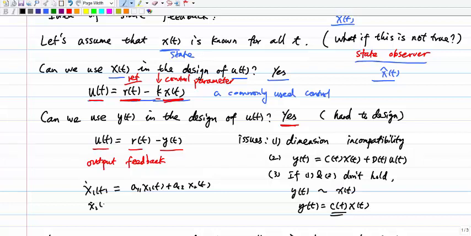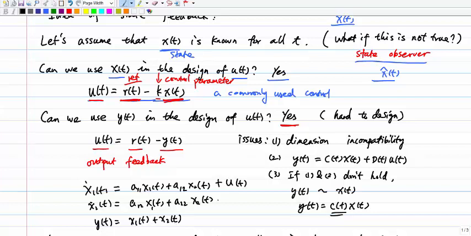I have x2 dot t, which is a12 x1t plus a22 x2t, and I have my yt, which is x1t plus x2t. As you can see over here, typically your output could also have ut.